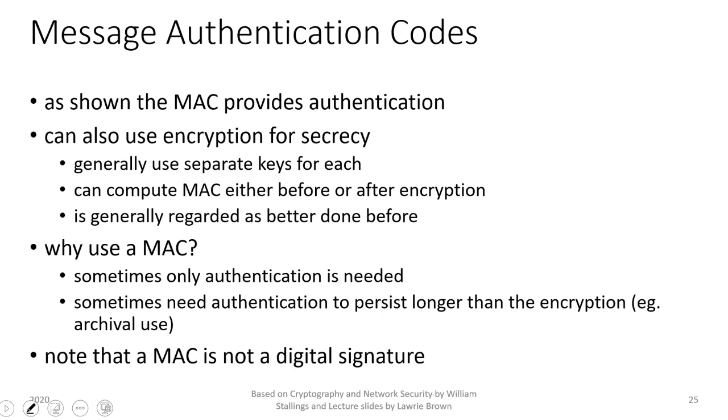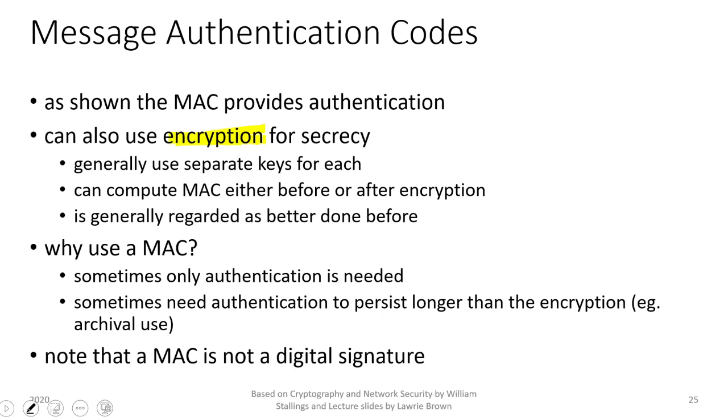But if you want to ensure secrecy, we may also, in conjunction with a MAC, use encryption. So we may use different keys for both of these. For example, we may use a separate key for message authentication and a different key for encryption.